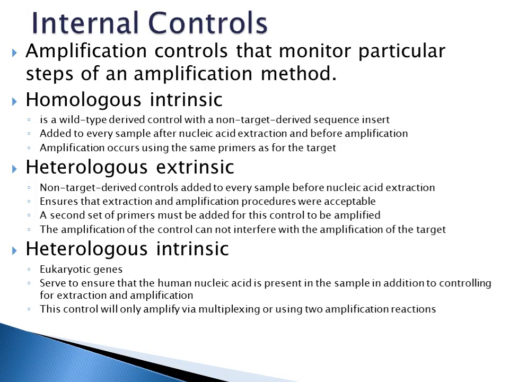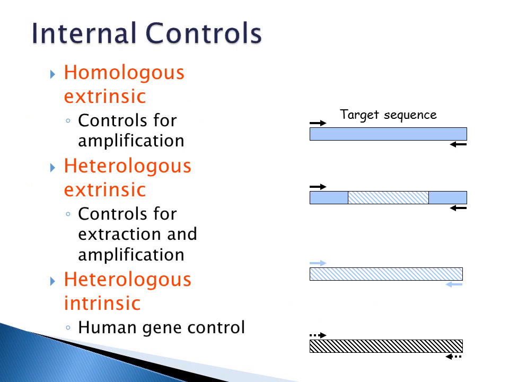So this control is only going to amplify if you're using multiplex amplification, so that would be using several different primers, or using two different amplification reactions. So two separate tubes, one with your eukaryotic genes and one with your sample.